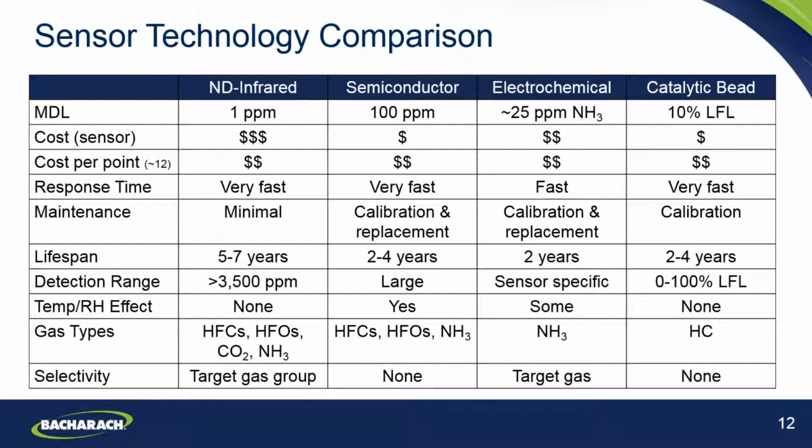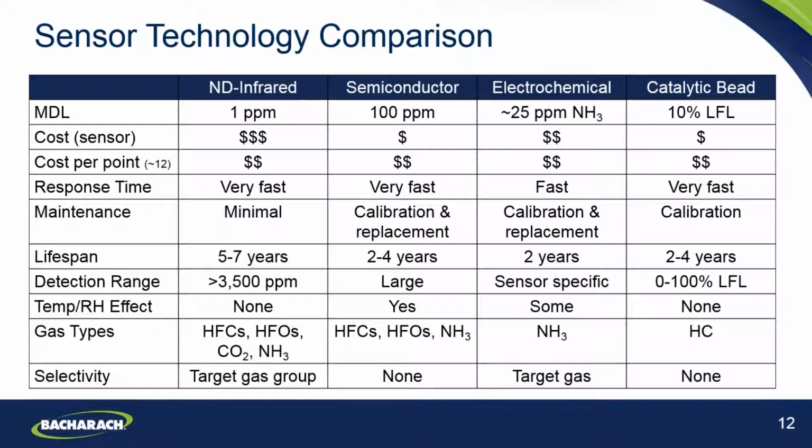Also notable is that the infrared sensors have no significant effect from any changes in temperature or relative humidity, which is again not the case with semiconductor or electrochemical sensors, which can be affected by those environmental changes unless there is some sort of system in place to compensate for that.